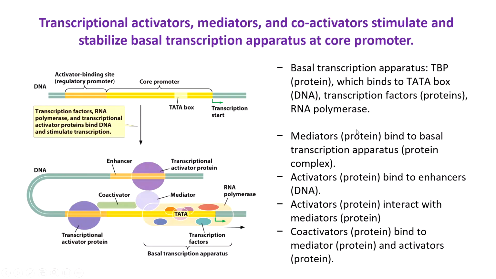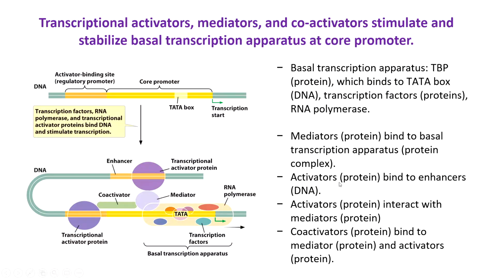Mediators are proteins that bind to the basal transcription apparatus shown here. This helps the transcription apparatus, which contains the RNA polymerase, interact with other regulatory regions in the regulatory promoter and upstream. Some of those interactions occur with coactivators, which connect the mediator to what's happening at the regulatory promoter, and also other transcriptional activators that connect the mediator to what's happening at the enhancer region.